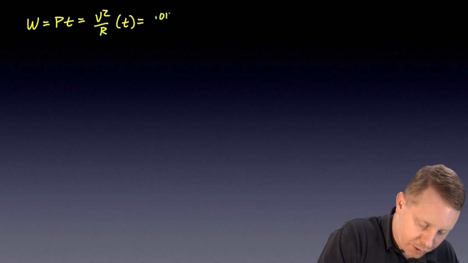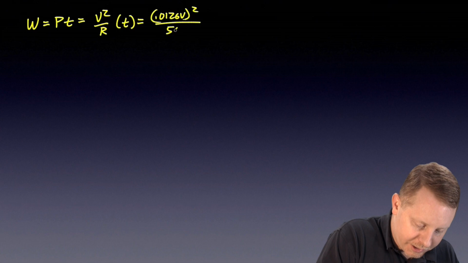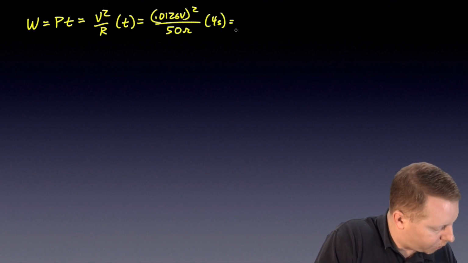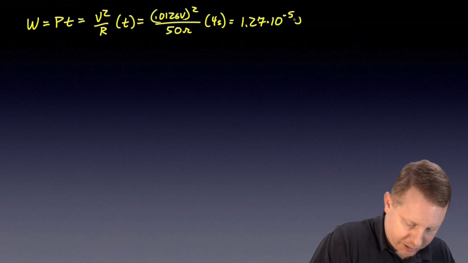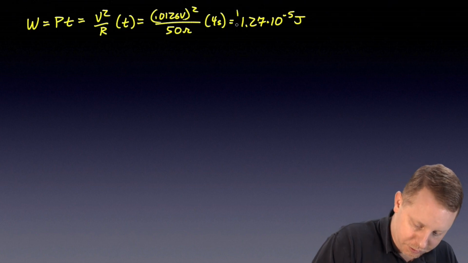So we have 0.0126 volts squared divided by our 50 ohms times 4 seconds, and I end up with about 1.27 times 10 to the minus 5 joules.